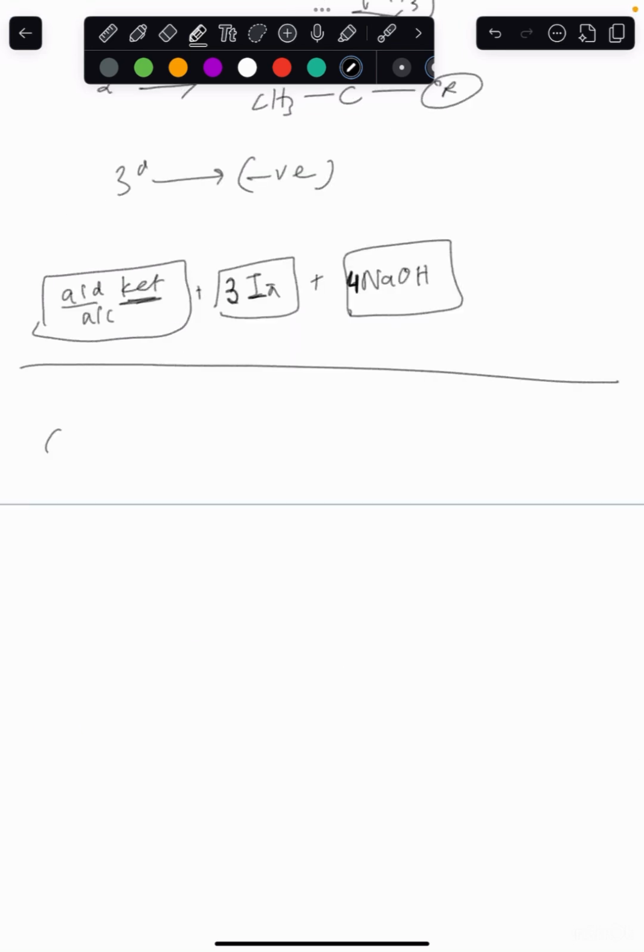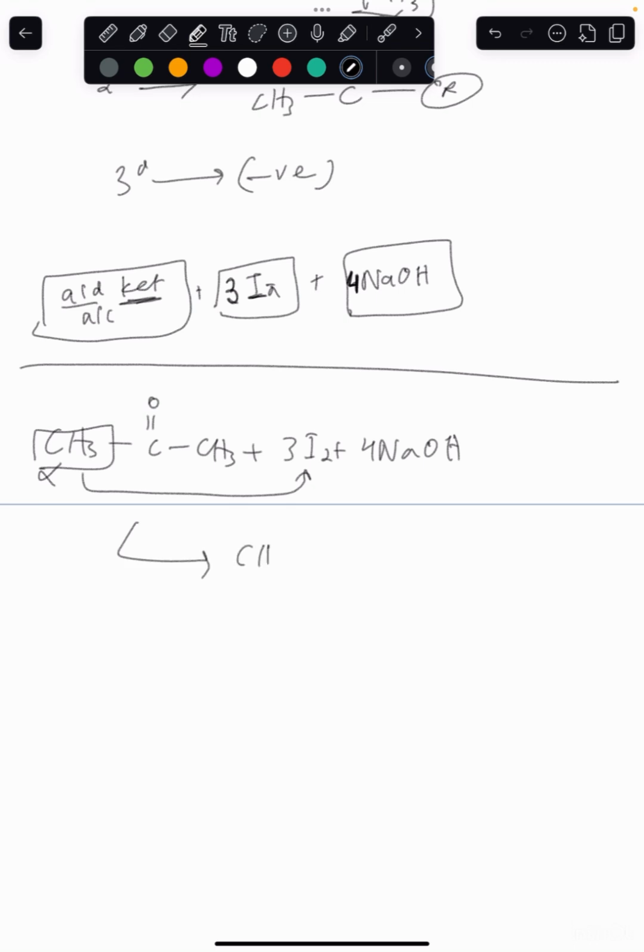So now let's test it out with propanone, a methyl ketone, which has the alpha methyl group. We'll react it with 3 iodine and 4 NaOH. What will happen is this will react with iodine and it will form iodoform. The sodium will combine to one of these as well, and water will also form with the rest of that ketone.